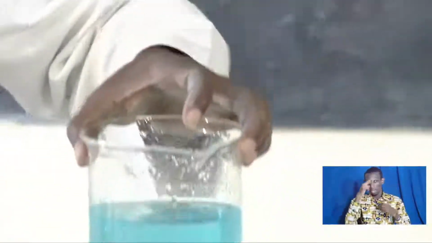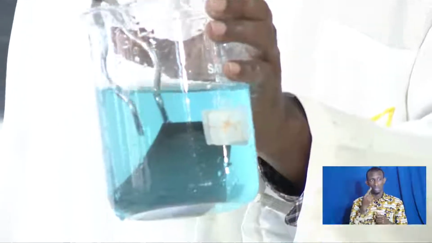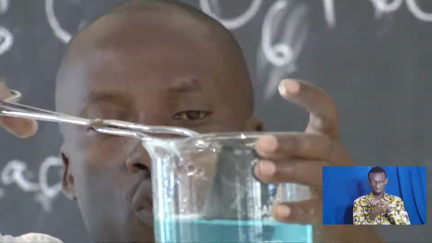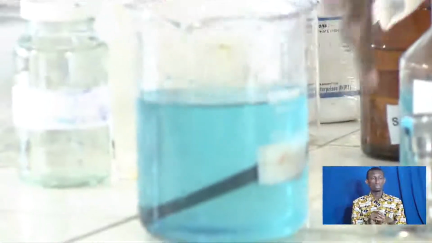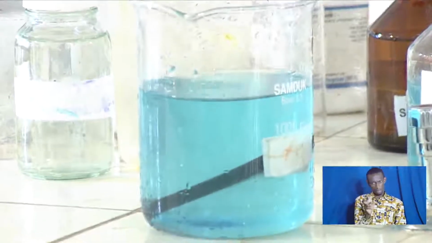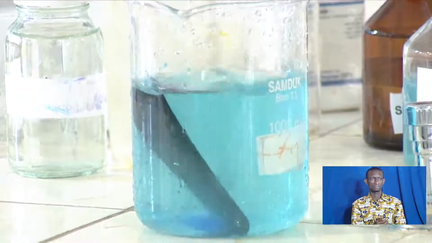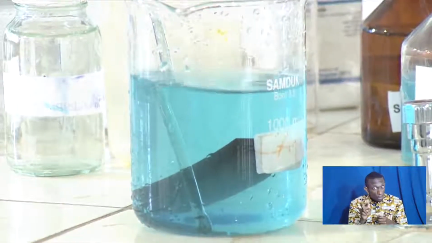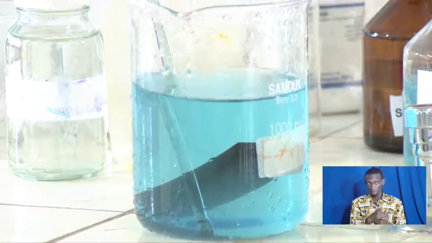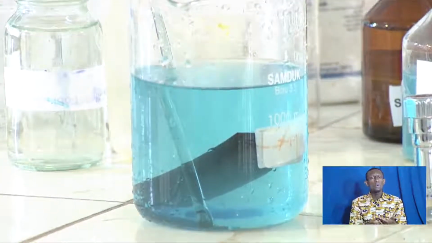But when you look at the metal inside here, the metal is changing. We'll just leave it there and keep seeing what is happening. There is copper in there. The zinc strip is changing. Can you predict what is happening?